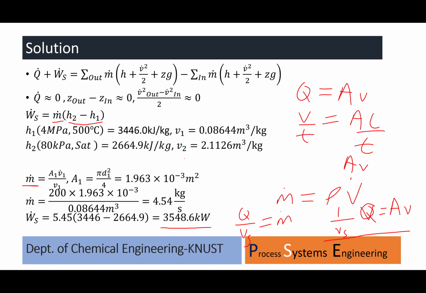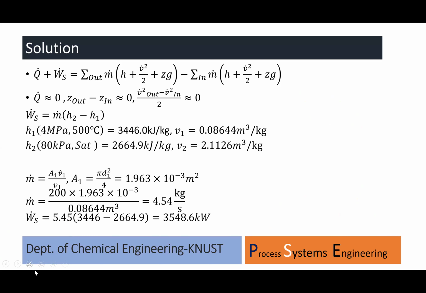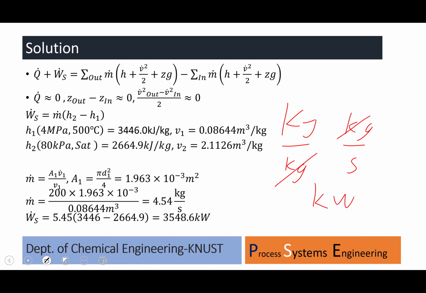So at the end of the day, when we multiply it by the mass flow, which is in kilogram per second, we are having kilojoule per kilogram multiplied by kilogram per second. So now we end up with kilojoule per second. That's why we are getting kilowatts.